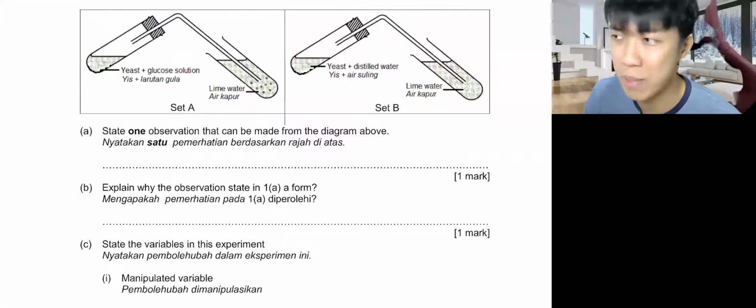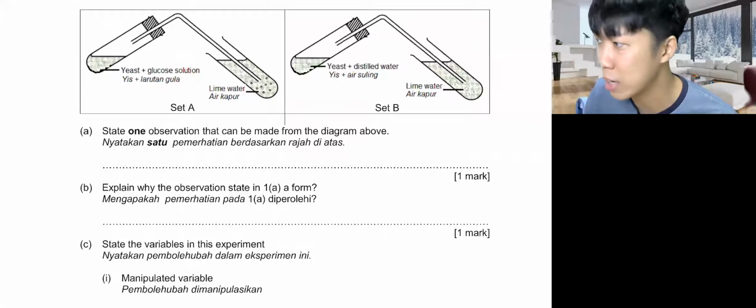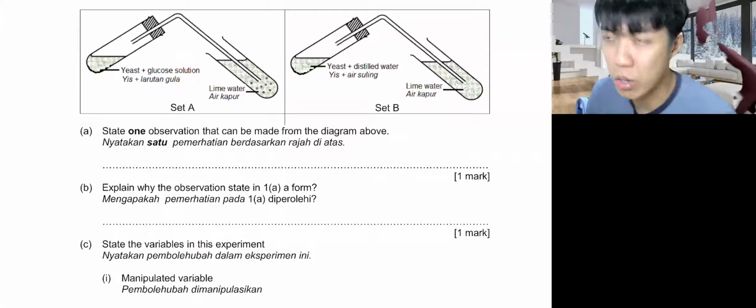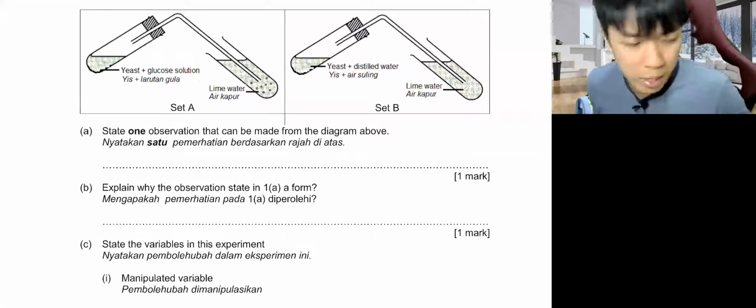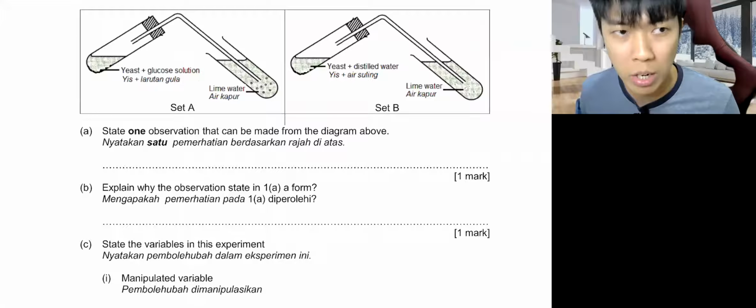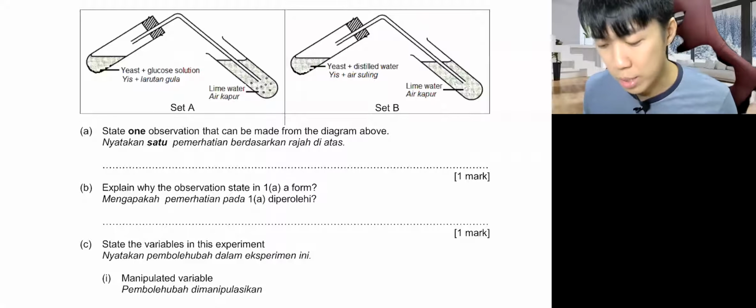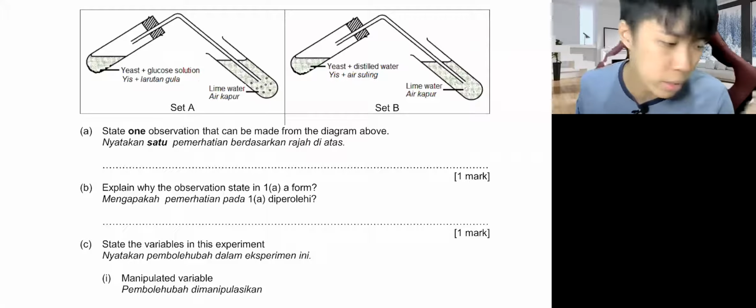It doesn't matter, I don't really care about grammar, as long as you have the main points and you're able to form an okay sentence, then can lah. So help yourself, everybody, for observation. You want to go for cloudy also can: lime water in set A turns cloudy, while lime water in set B does not. Up to you.